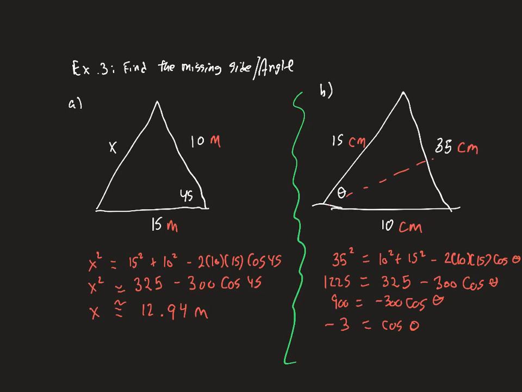And let's take the cosine inverse of negative 3. So what's my theta? Well, if I've got negative 3, and I'm going to take my cosine inverse, it should give you, that doesn't exist actually.